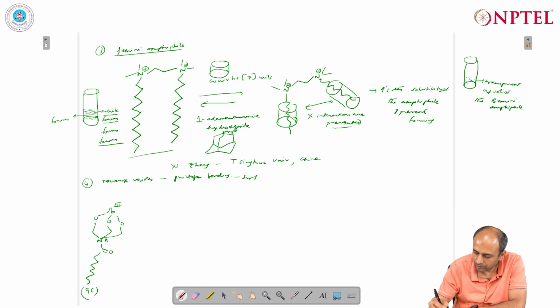surfactant forms the reverse vesicles, where we have got the polar parts sticking to each other and the non-polar parts inside, and again the non-polar parts on the outer side.